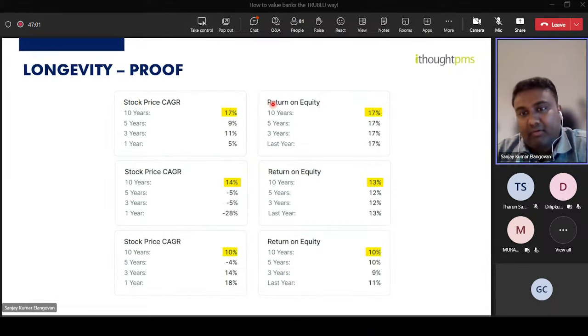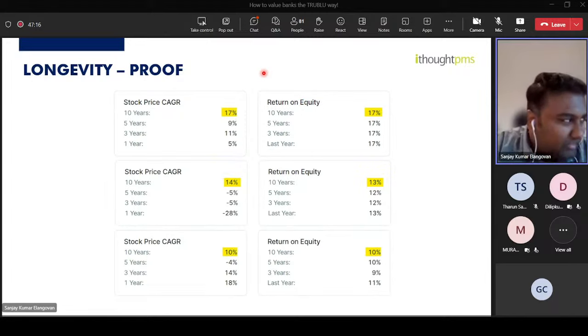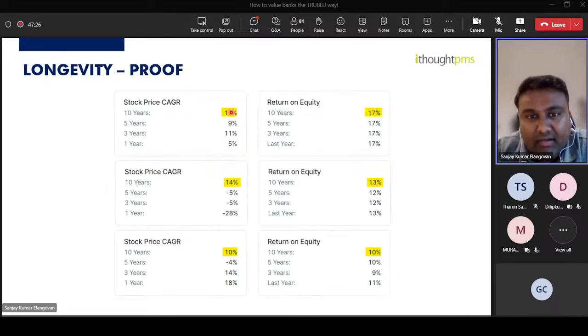So that leaves us with two other shades of gray, which is longevity. I have given here three banks' stock price CAGR and their return on equity. This is the best picture, I think, to explain why longevity matters in banking. The first bank, which had a 17% ROE for 10 years, gave investors a 17% CAGR in 10 years.